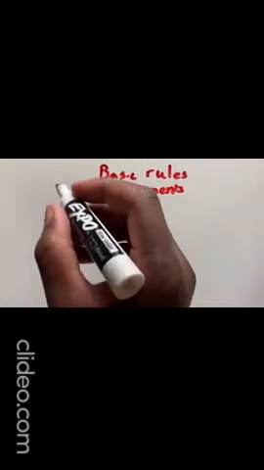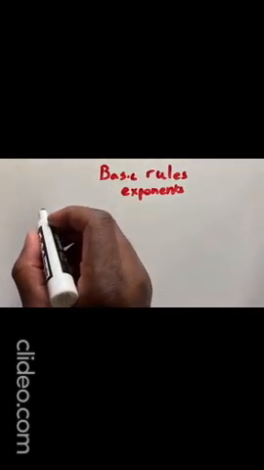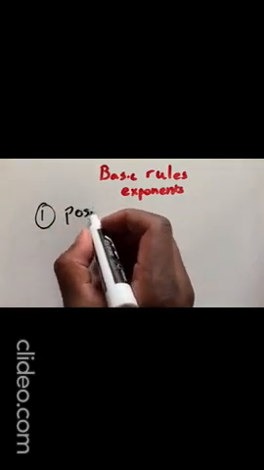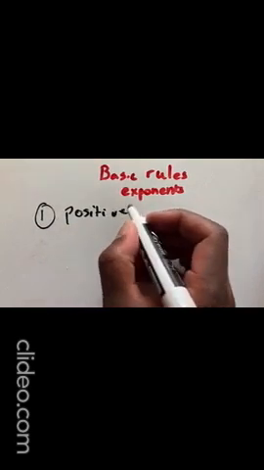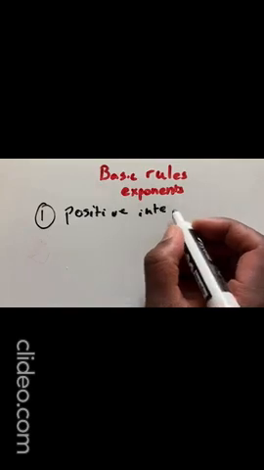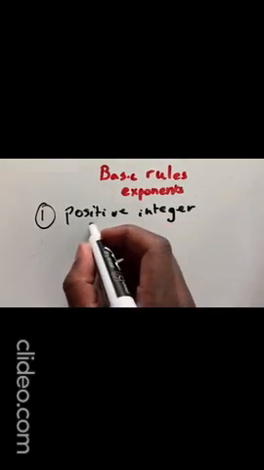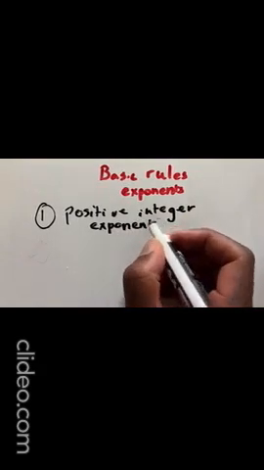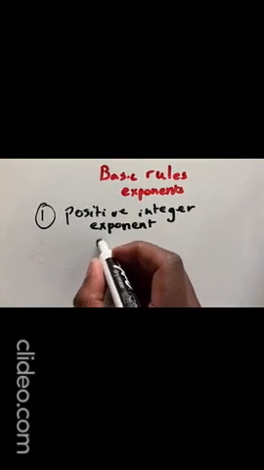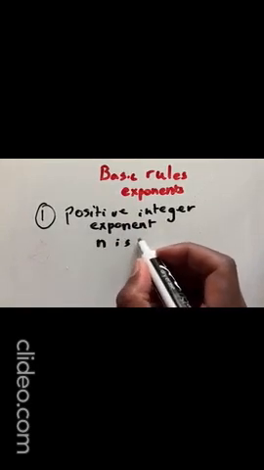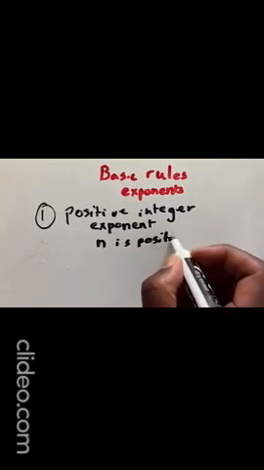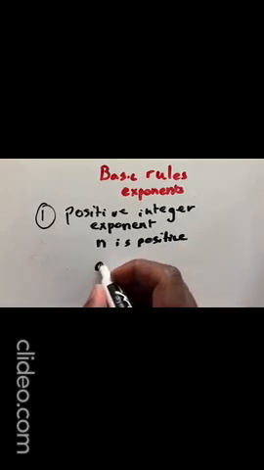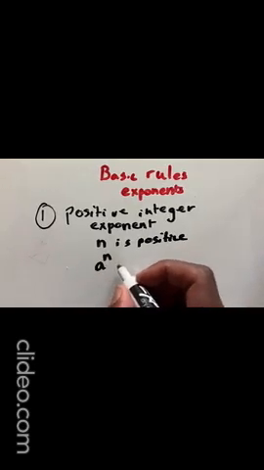So first of all, if we have a positive integer exponent, so let's say n is positive, and let's say a to the power n.